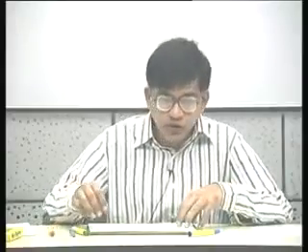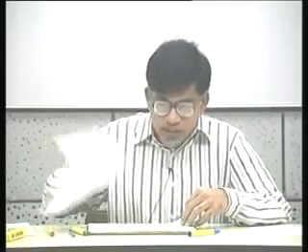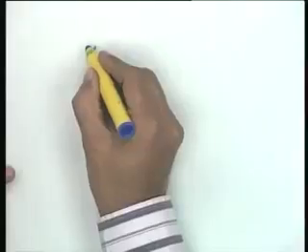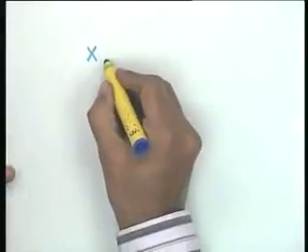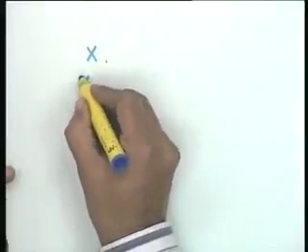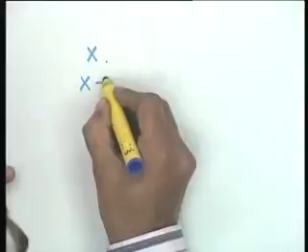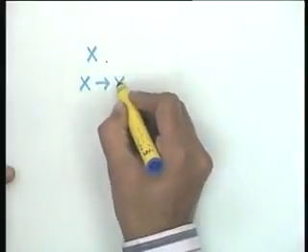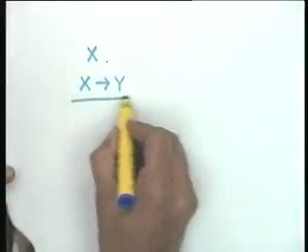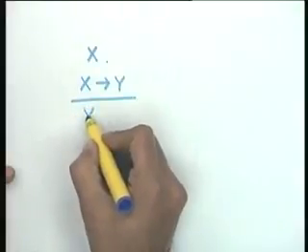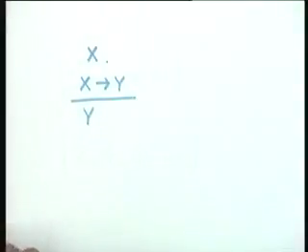yeah. So if you were to take a simple logical rule, let us take modus ponens, what you have is, I will write this. So you have a predicate x, you have a predicate x arrow y, and you have y, okay.